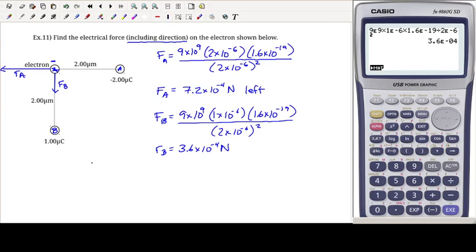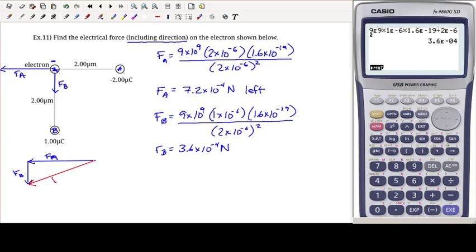So I'm going to redraw force A going this way, then tip to tail, force B. Remember, always tip to tail. That's why your vector arrows are important, what direction that they're going. Here's my FB. And my net vector is then going to be from start to finish the hypotenuse.